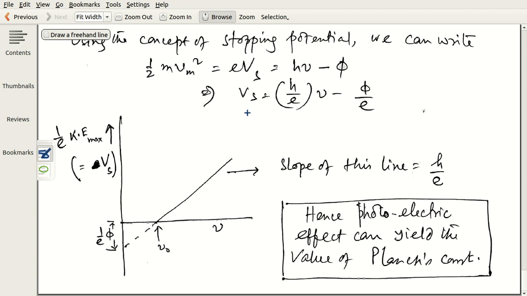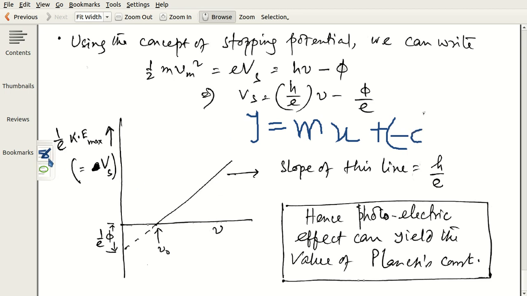This is your y, this is your m into x, and this nu is x. Y equals mx plus c, in this case I will write it as minus c. The constant I will change.